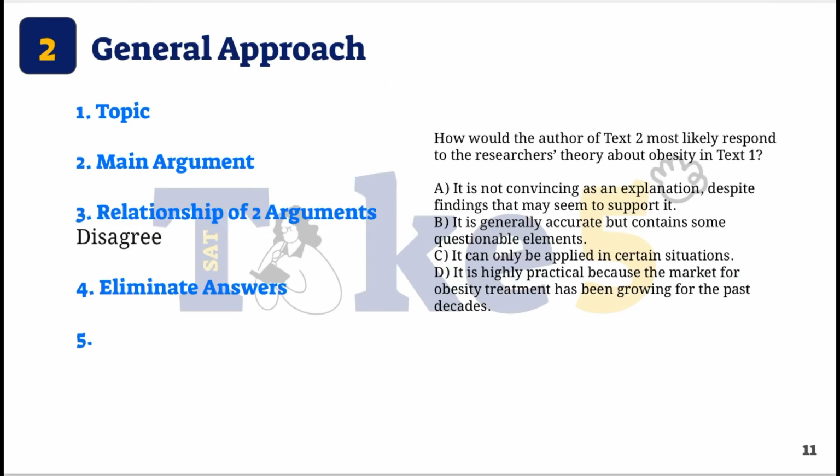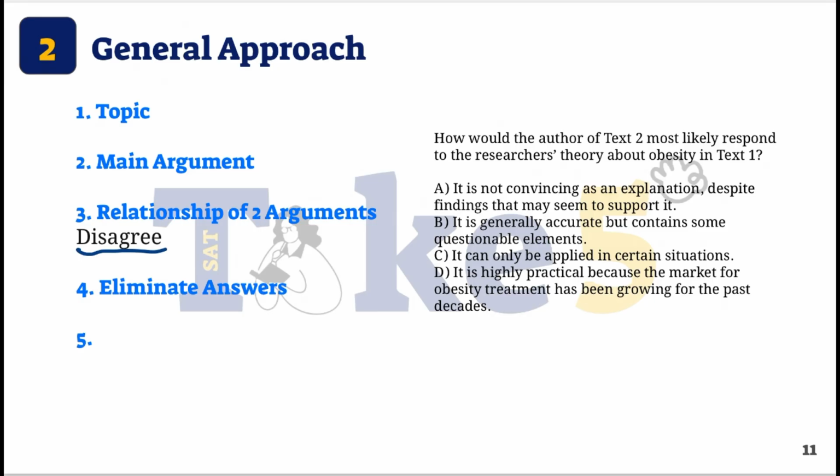Step 4, we eliminate answers that do not go in the same direction that we estimated, or in other words, whether they indicate an agree or disagree relationship. For example, we see the question and 4 answers for our obesity example like this. Clearly, from the previous step, we defined that the two arguments disagree with each other.